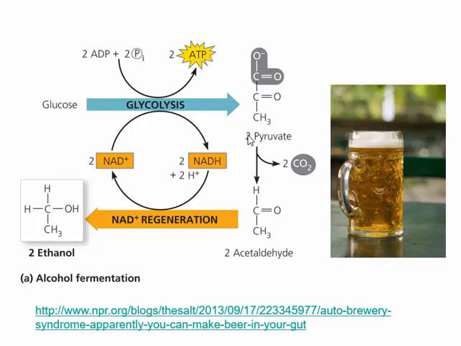Again, if we're starting with 1 glucose, that's how many pyruvate we'd have. That will produce acetaldehyde, and that is what electrons get passed to. So here's NADH, 2 of them, again 2 acetaldehyde, passing its electrons off. And when acetaldehyde is reduced, gaining electrons, that produces ethanol.